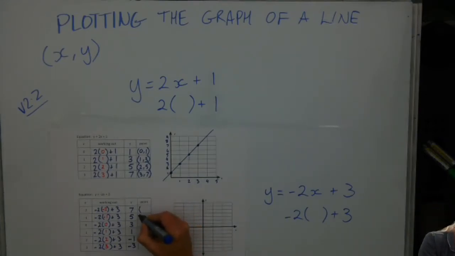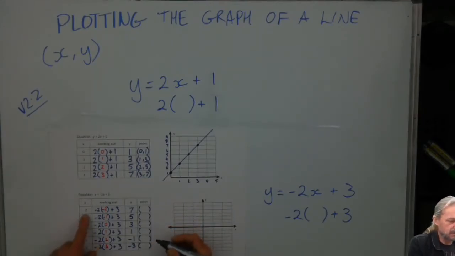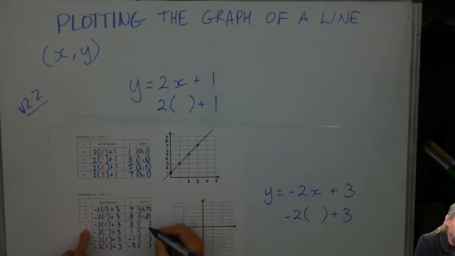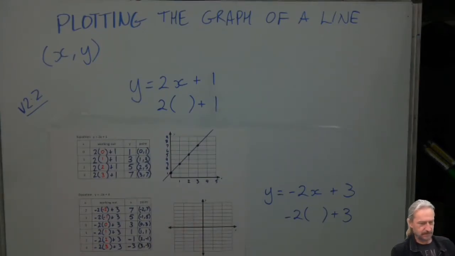Now let's do this to save a bit of time. So our first one, we plugged in -2 and we got out 7. -1 and we got 5. 0, 3. 1, 1. 2, -1. 3, -3.